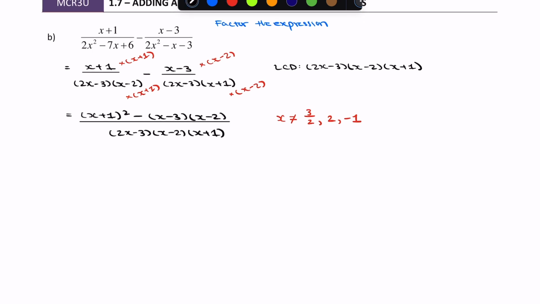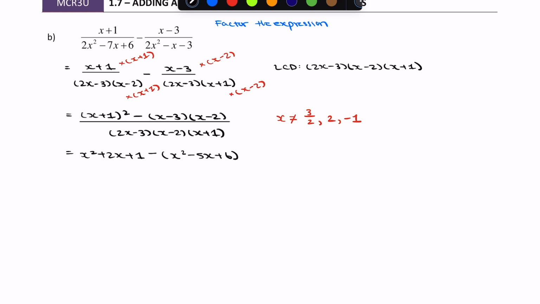So here we can expand our equation. So here we'll have x plus 1 squared, which will give us x squared plus 2x plus 1 minus an x, again, x squared minus 5x plus 6.